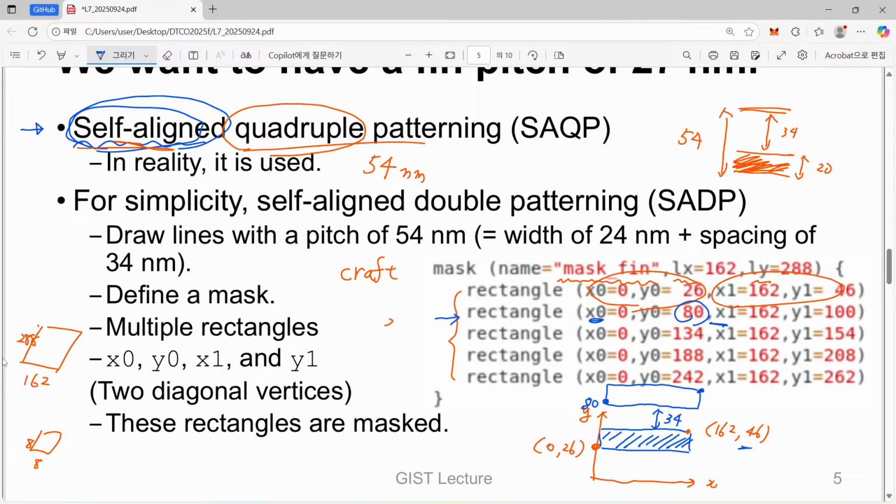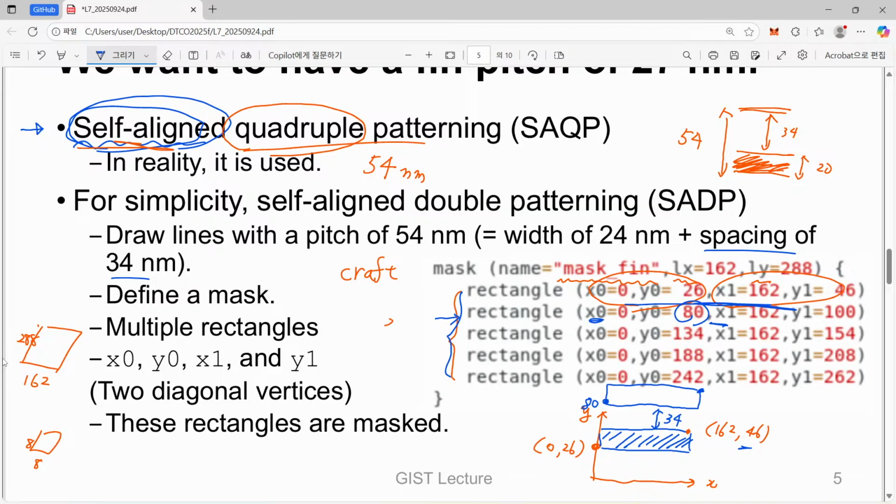So now you can see that these statements of 5 rectangles just show 5 masked layers, each of them separated by 34 nanometers. So spacing of 34 is implied in this implementation, and its thickness 20 is given by this specification.